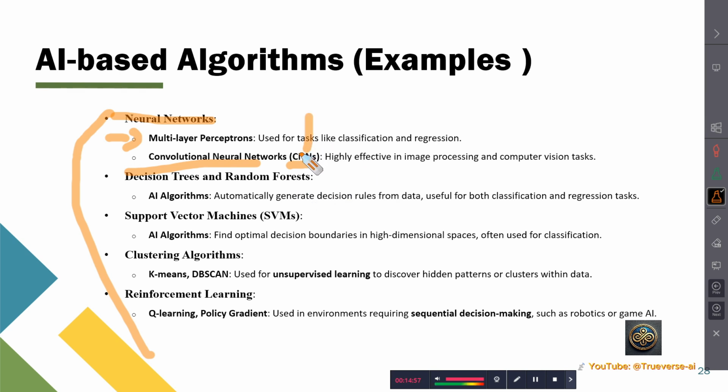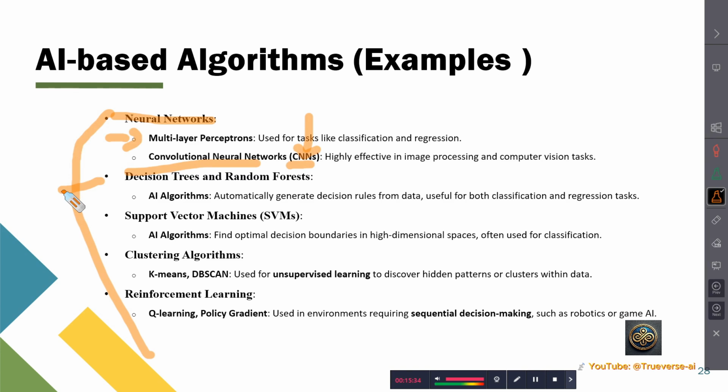CNNs capture spatial hierarchies in images, enabling applications like object detection, facial recognition, and medical imaging. CNN is very critical; it really revolutionized fields like autonomous driving and medical diagnosis. This allows machines to really see and interpret images in a way that was previously impossible using traditional algorithms. Decision trees generate decision rules from data, which makes them useful for both classification and regression tasks.